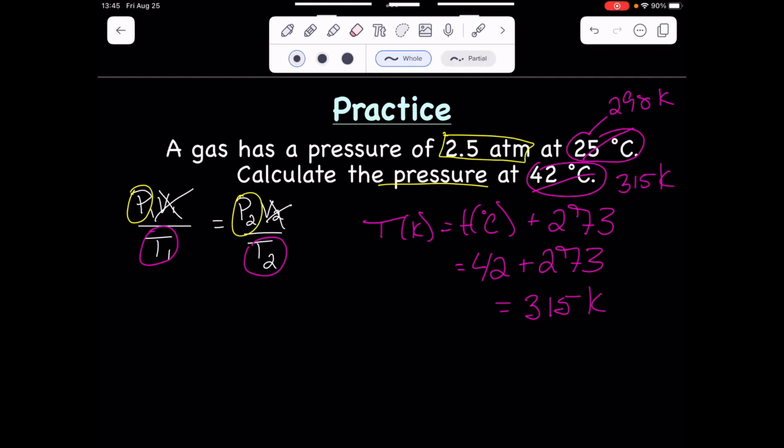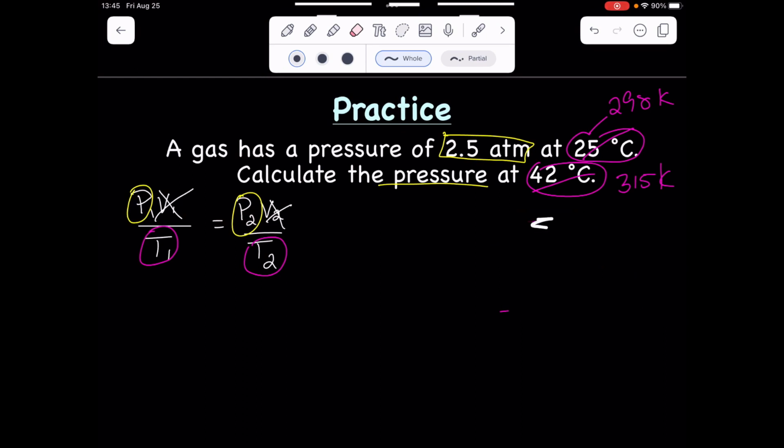All right, so now that we know the temperatures, we're just going to plug stuff in. Our very first pressure is 2.5 atm, so I'm going to put that in.